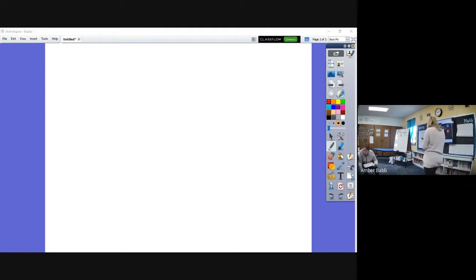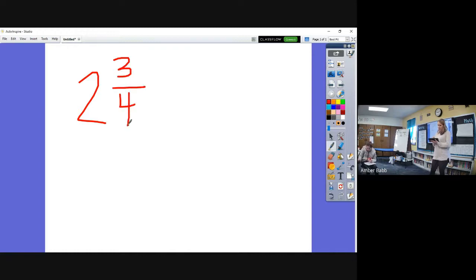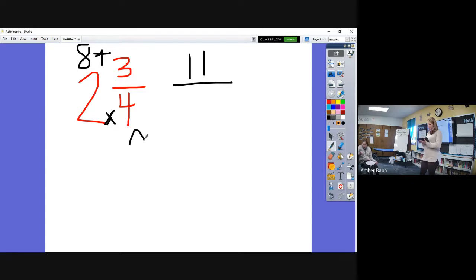Now, the other thing is we need to be able to do it the other way, change a mixed number into an improper fraction. So if I start with the number 2 3/4, to change this to an improper fraction, I need to multiply 4 times 2, which would give me 8, and then I add the 3, which would give me 11, and I put it on top of my original denominator, okay?